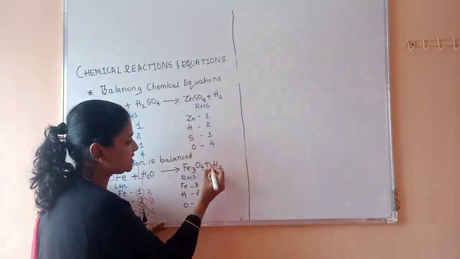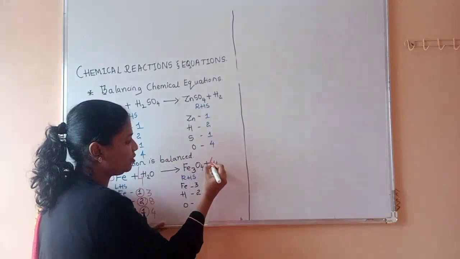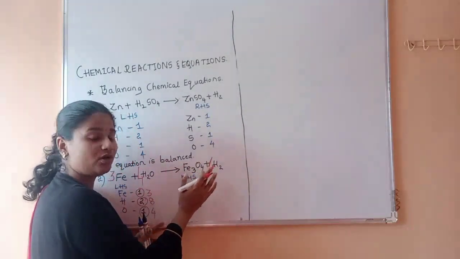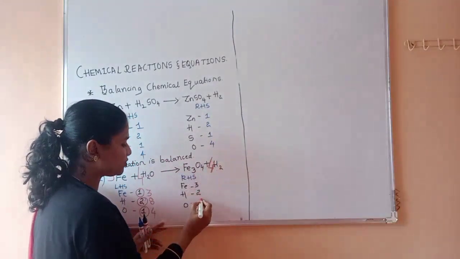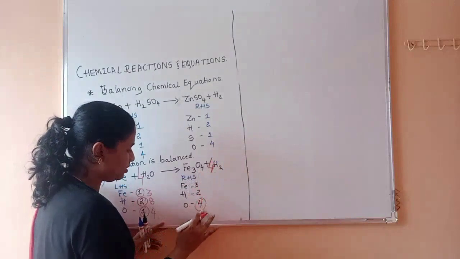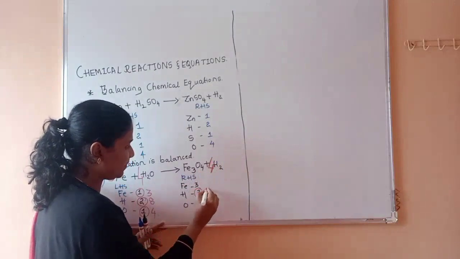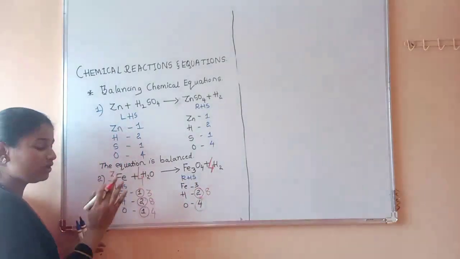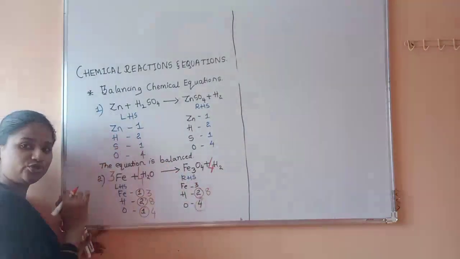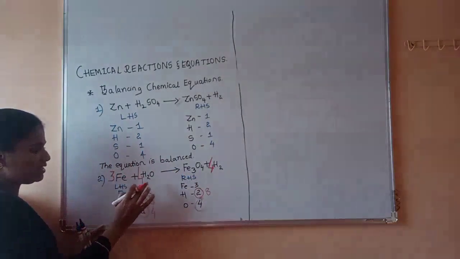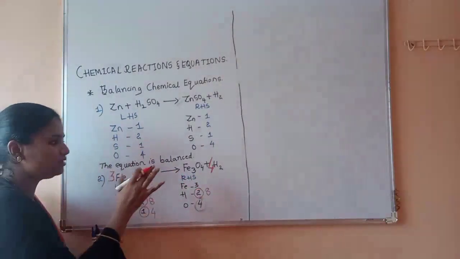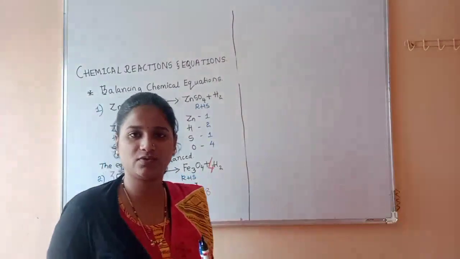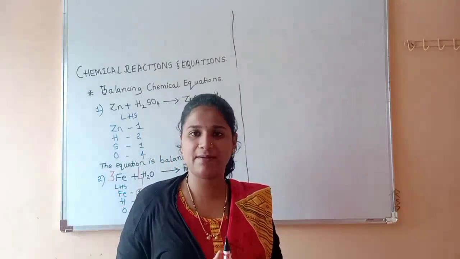Yes, your guess is correct: 4. When you multiply it with 4, 4 2s are 8. So hydrogen became 8. Oxygen 4, hydrogen 8, Fe3. So this is the balanced chemical equation for this example.